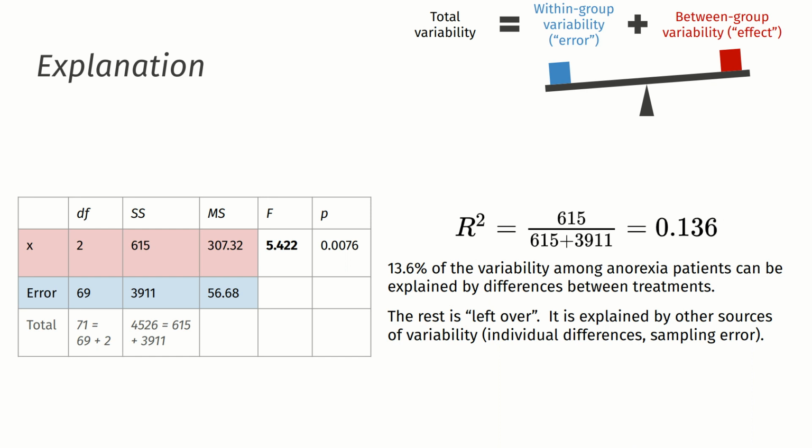And the rest, everything left over from that 13.6%, is explained by other sources of variability, things like individual differences, sampling error, maybe measurement error as well.